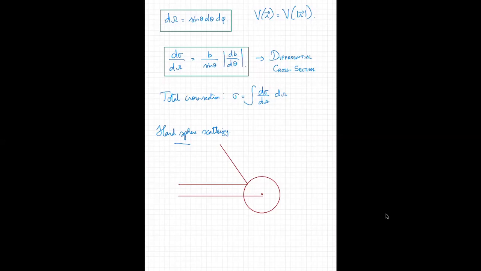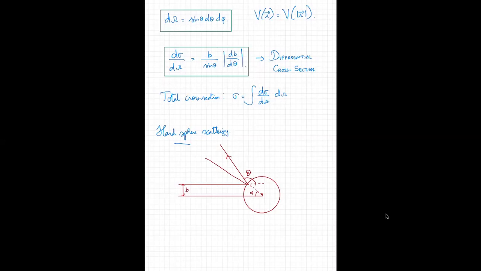Okay, so if you extend this and call this angle alpha, and this of course is a scattering angle because this is the incident direction and this is the scattered direction. So this is a scattering angle. This is my impact parameter b.